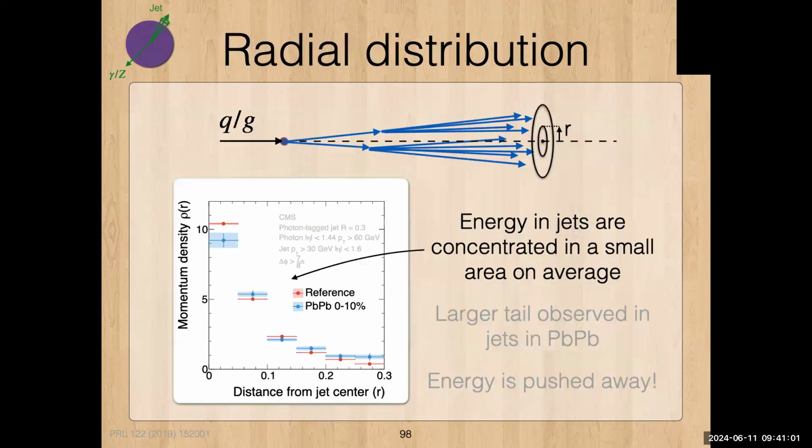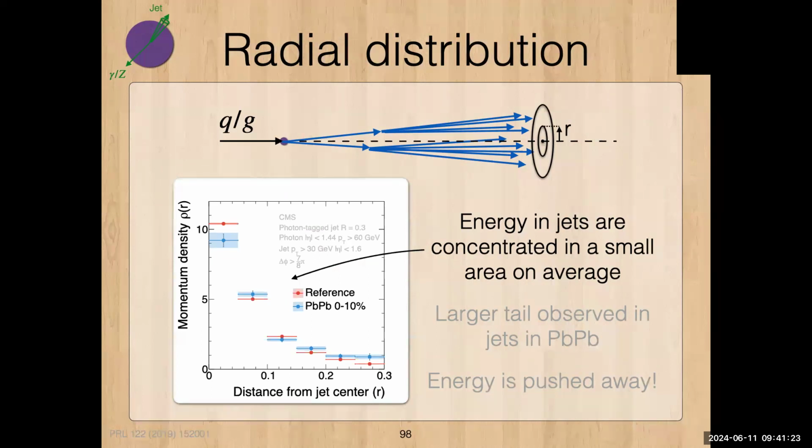The other thing we can look at is the radial distribution, as before: how much momentum is concentrated as a function of R. Here, we also see some differences. The red is what we saw before for the reference proton-proton case, and the blue one is the measurement from CMS. First of all, it doesn't change that much.